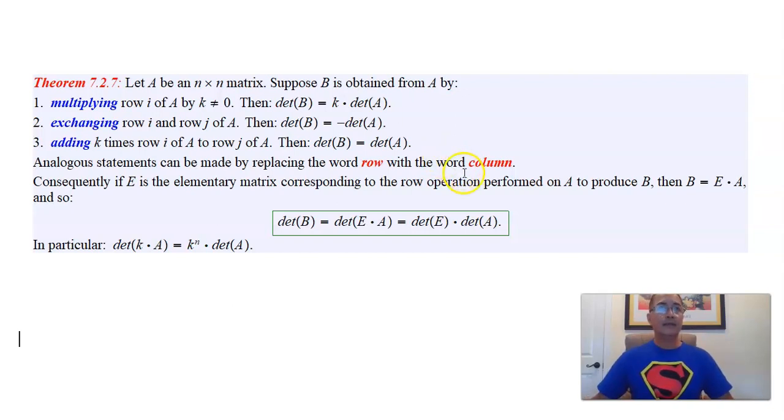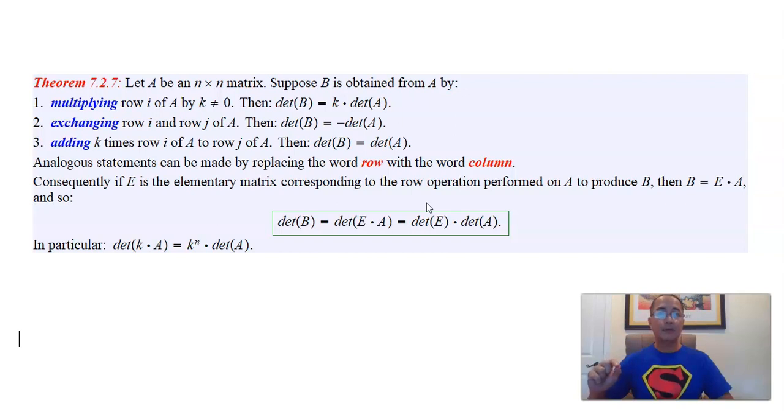So this tells us, remember that performing an elementary operation on a matrix can be done by encoding that operation using an elementary matrix.